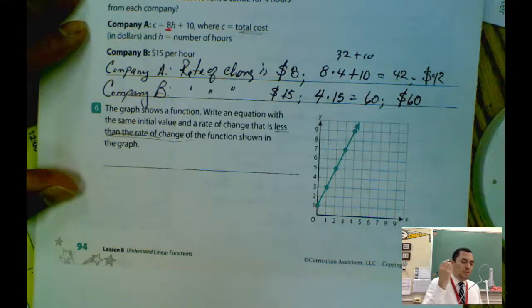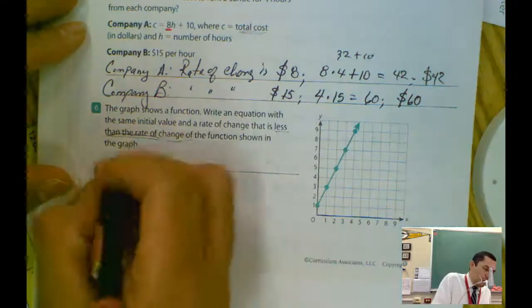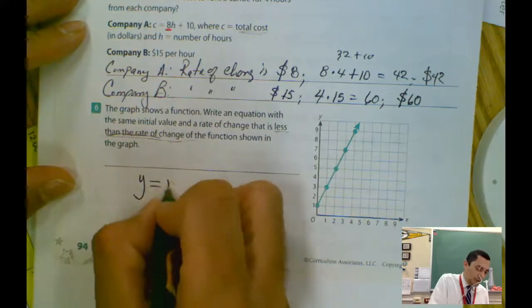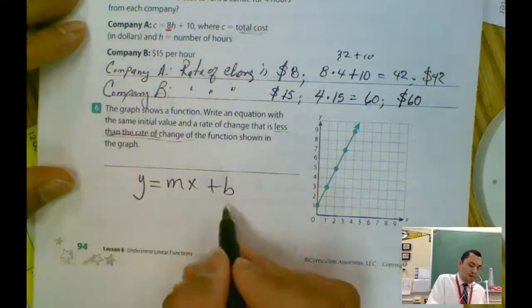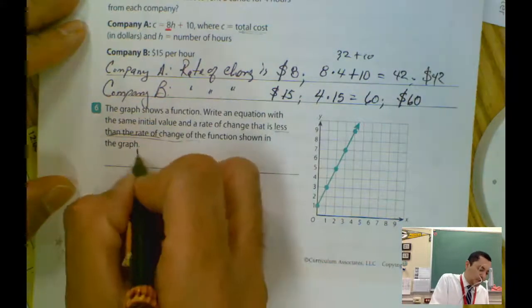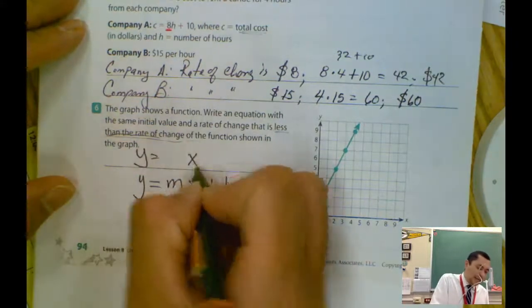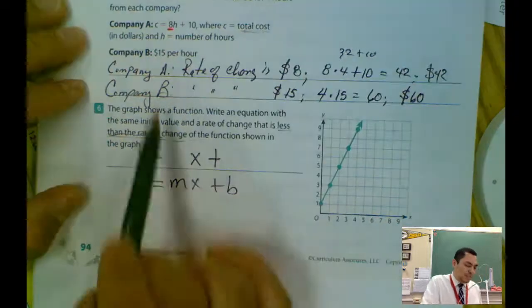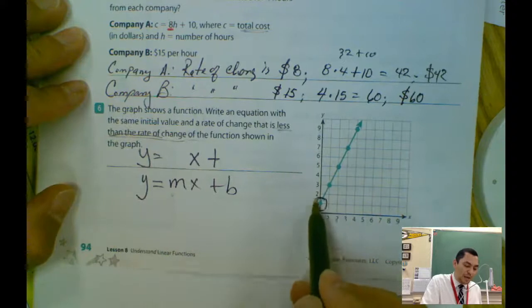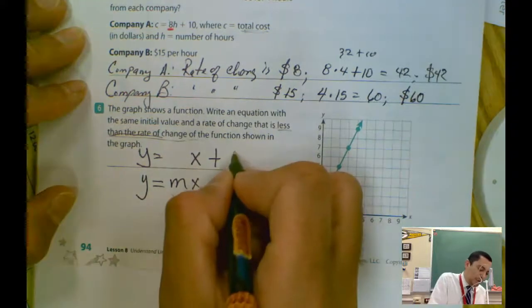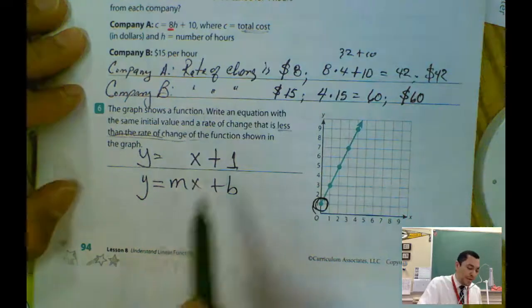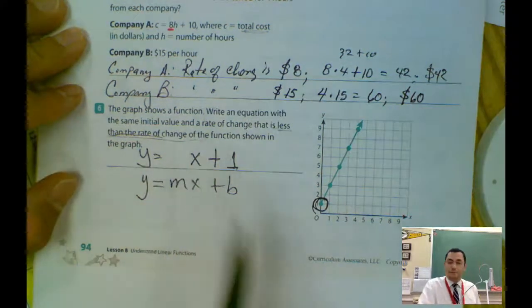So what I'm going to do in this case, remember that to find a function, we're going to have the equation y equals mx plus b, where b is the initial value, m is the rate of change. So I'm going to have y equals x plus, what it says, same initial value. What is the initial value? It is 1, plus 1. That's the initial value. Now the rate of change is going to be less than the rate of change of the function shown.